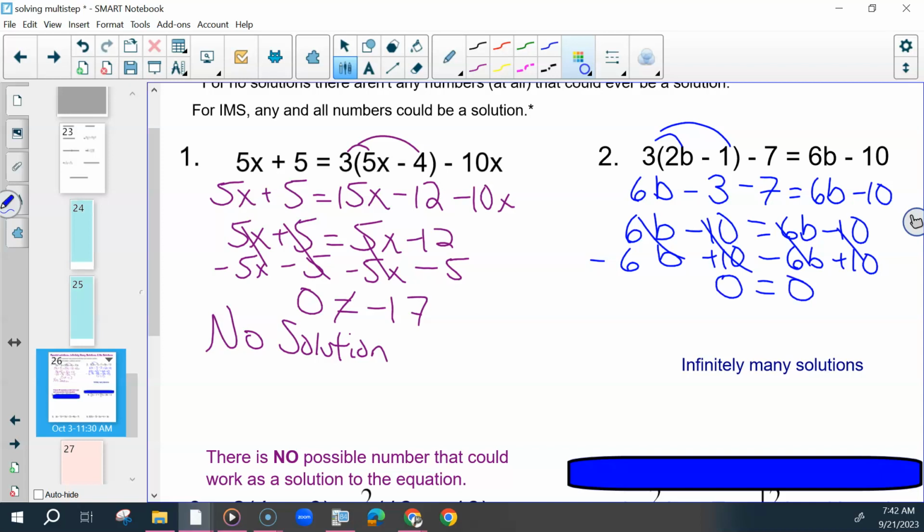So then this is your other special case where your variables cancel, but you end up with a true statement, 0 equals 0. That would be infinitely many solutions, or IMS. That means the opposite of no solution.